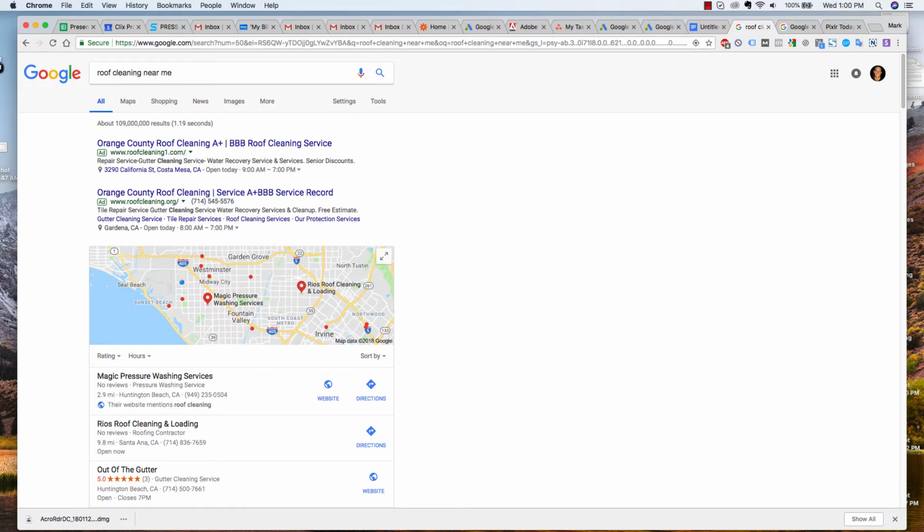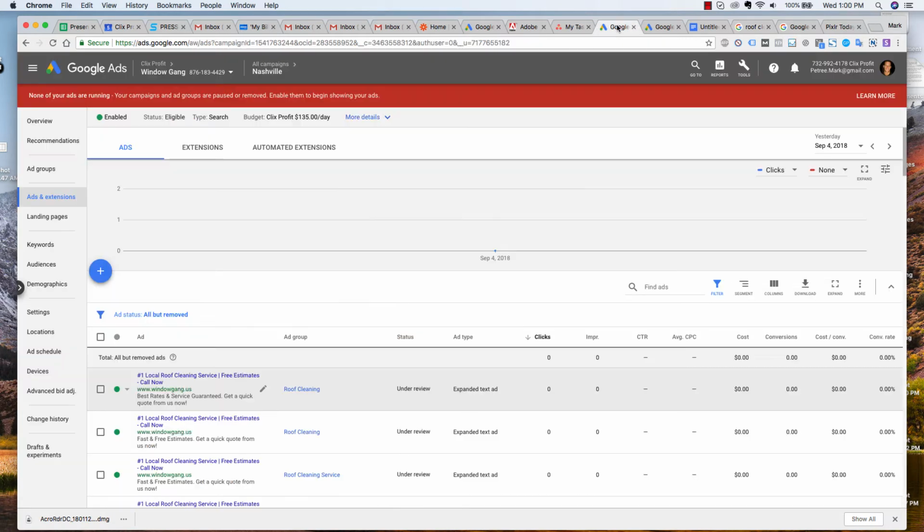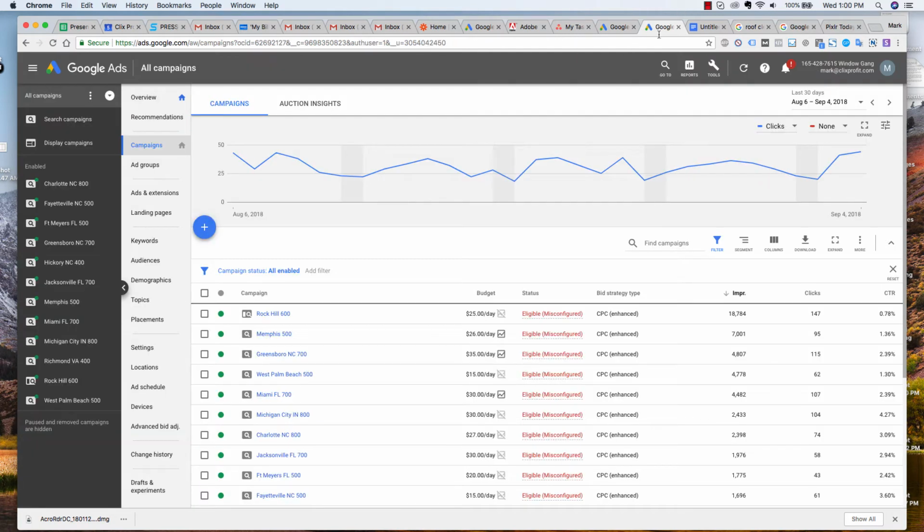So let's actually see what that looks like in the Google Ads interface. We're back to this interface. Remember, we're going to click on campaigns. Make sure it says the last 30 days of data. It can also be the last 7 days, but you get a good idea of a campaign in the last 30 days, so that's usually what I like to use.